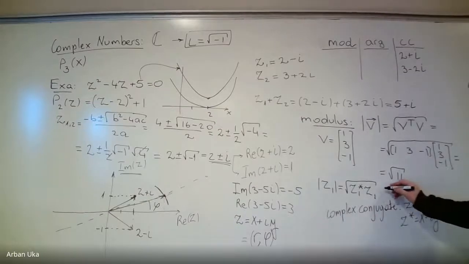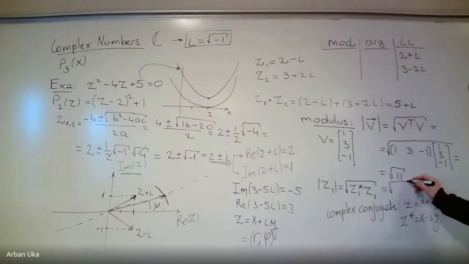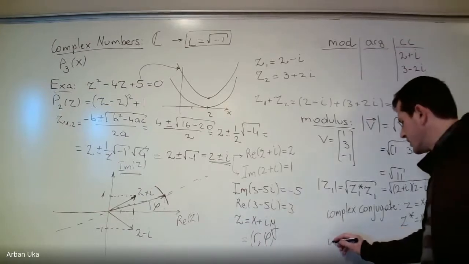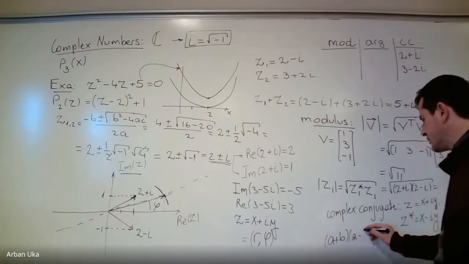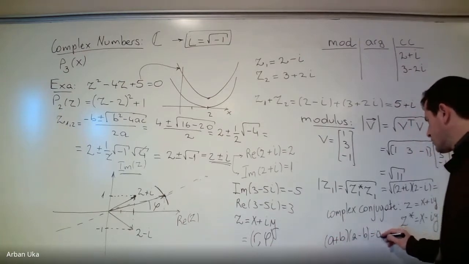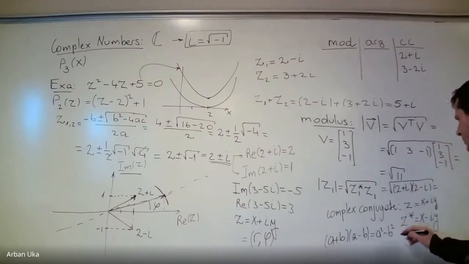Then we notice that the Z1 complex conjugate is 2 plus i, times 2 minus i. We know that (A plus B) times (A minus B) is equal to A squared minus B squared.